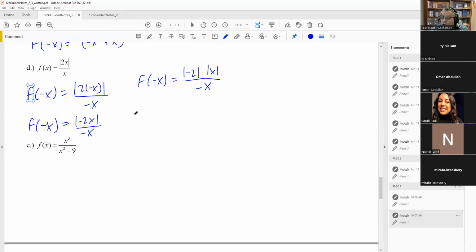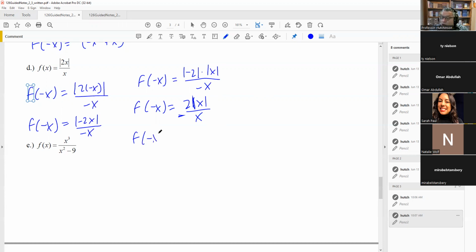We're separating it. And so that way you get positive 2 absolute value of x over negative x. And actually the negative we're allowed to put on the outside like that. Now I can also put the 2 back inside the absolute value. Since I've taken the absolute value of it already, I could move that back in.